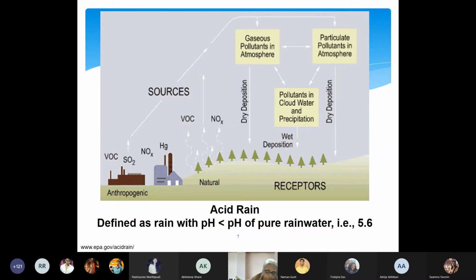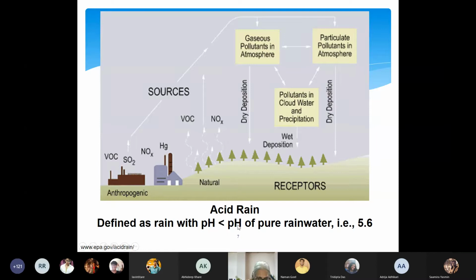In all cases, and you've all had carbonated beverages, that is a simple example of CO2 dissolving in water and reacting. You can call it a reaction or dissolution, and that brings the pH down. So all these sources, VOCs, SO2, NOx, and what is not shown over here is CO2, all of them contribute to the pH of rainwater.